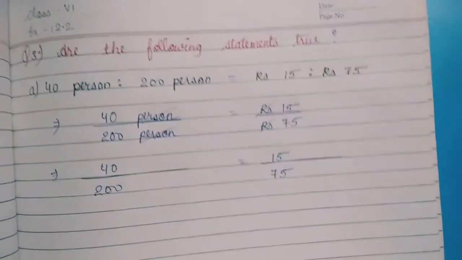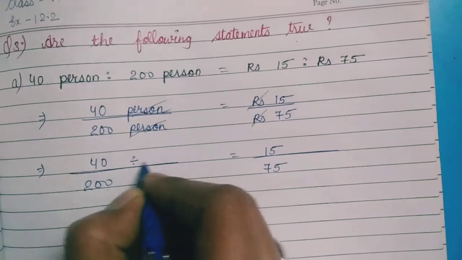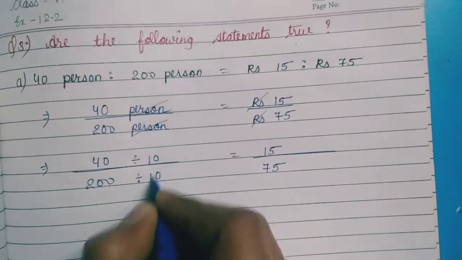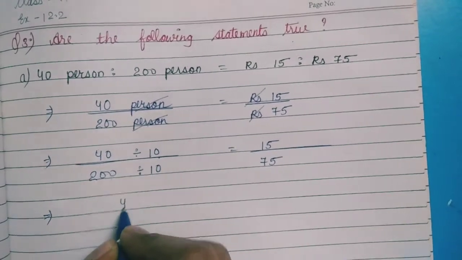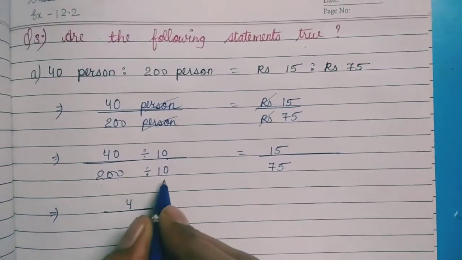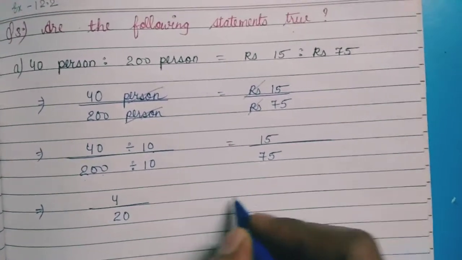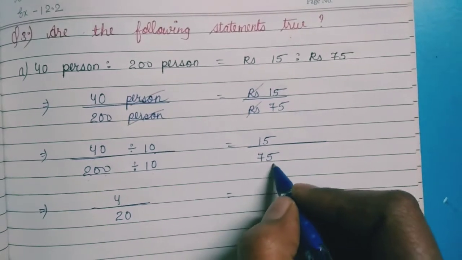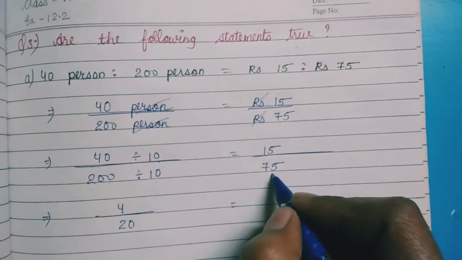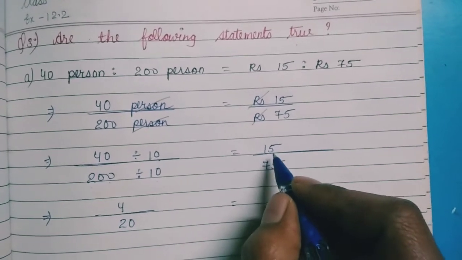You can simply see this 40 and 200 can be divided by 10. So when we divide 40 by 10, it will give us 4, and when we divide 200 by 10, it will give us 20.